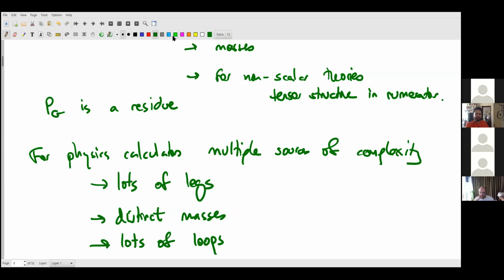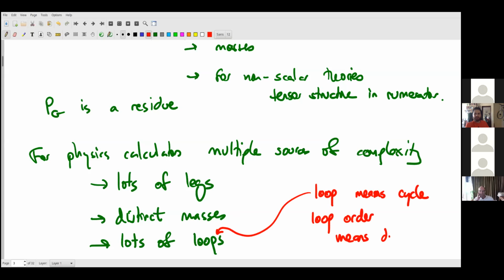Okay, so now I need to tell you what a loop is to a physicist, because it's not what you're thinking as a graph theorist. Well, loop very roughly means cycle. Well, not very roughly. It does mean cycle, but there's a particular thing that the physicists will say. They'll talk about the loop order. And what is the loop order? It means the dimension of the cycle space.